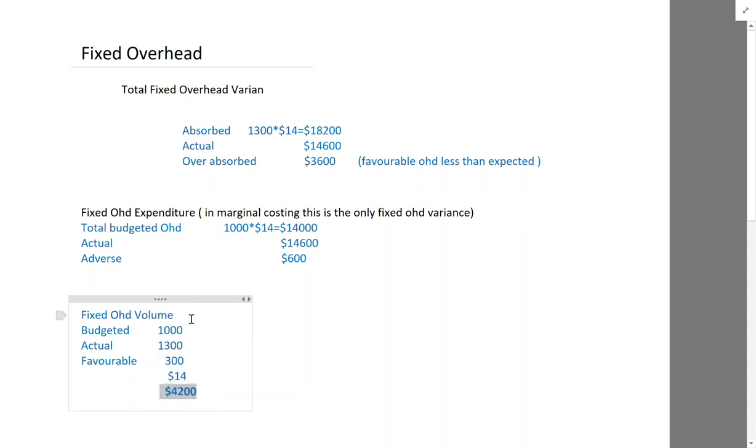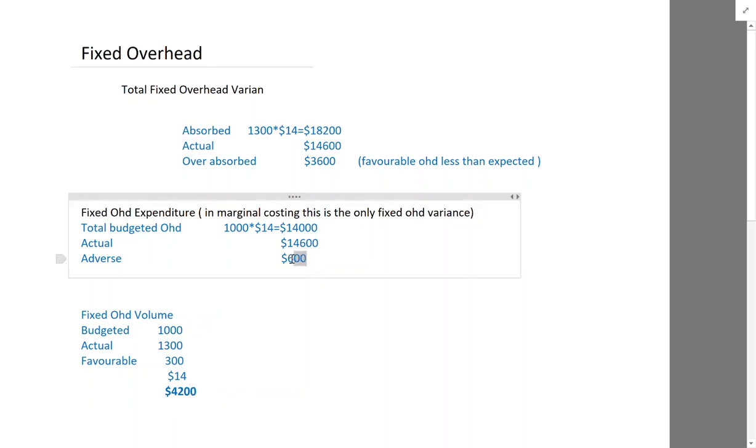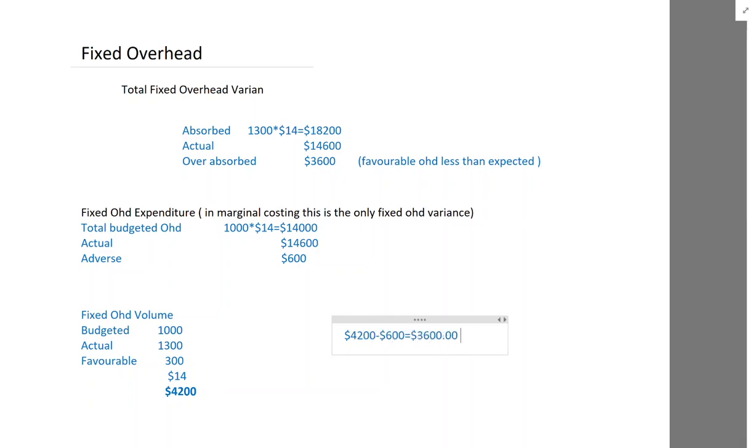So we saved 4,200 on producing more units. But overall, in total, we incur more overheads. So if we take both favorable and adverse, it gives us total under-absorb.